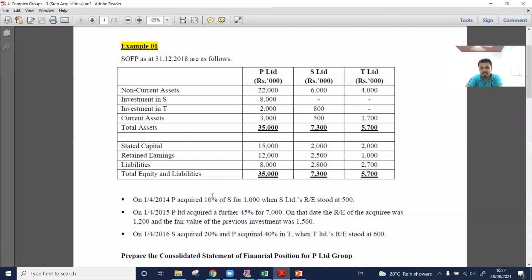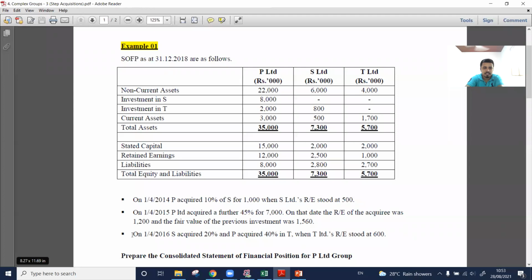Initially, they have acquired 10%. A year later, they have acquired a further 45% for 7,000. On that date, the retained earnings of the acquiree was 1,200, and the fair value of the previous investment was 1,560.